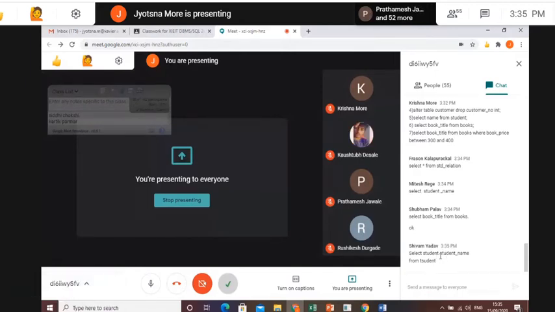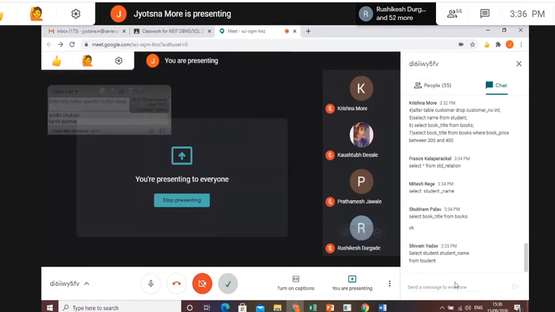Your answer will not be wrong, but I don't think there is a need to write the relation name because we are using only one table. The from part is having only one table. So he wrote an answer that is correct. Select name, and in place of name you can have any attribute name, student name, S name, from student table. Okay, so that is the correct answer.